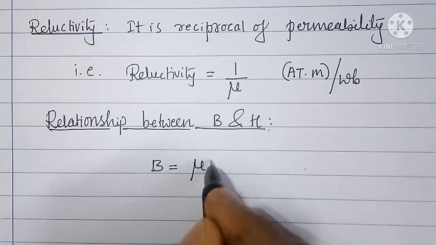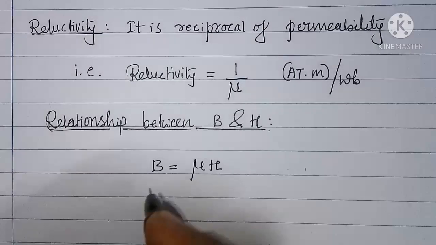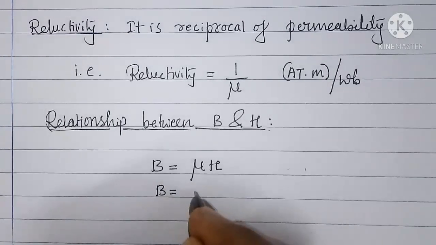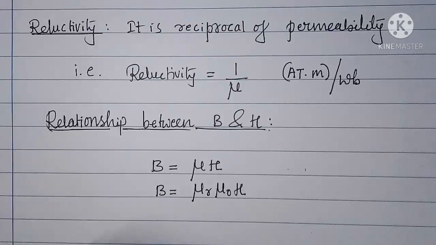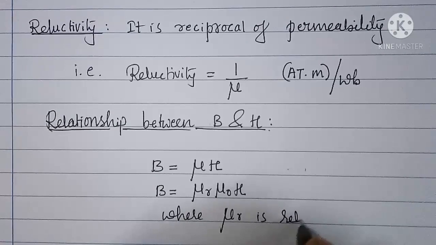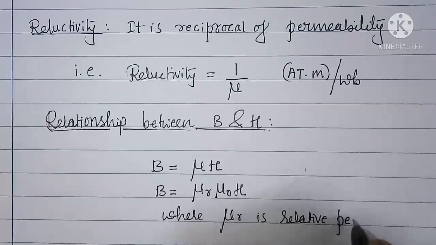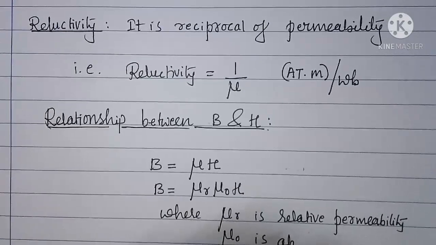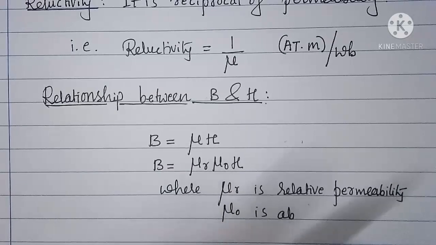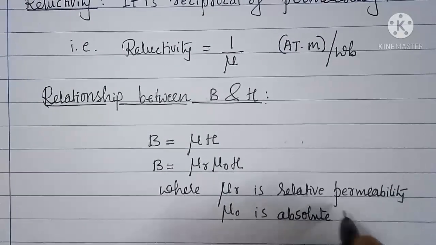That is B equal to mu H. You can write it as B equal to mu R into mu naught into H, where mu R is relative permeability and mu naught is absolute permeability.